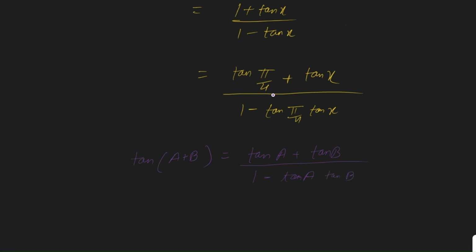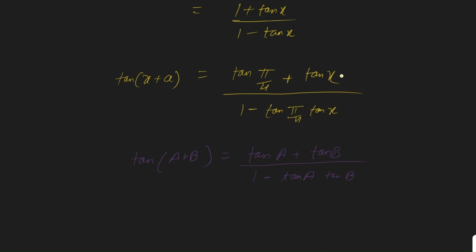Now if you compare this, the above equation that we got for tan x plus A, so this is tan pi by 4 plus tan x over 1 minus tan pi by 4 and tan x. Now if you compare both of these, A should be pi by 4, and then B should be x, right? So we can compare both of these.